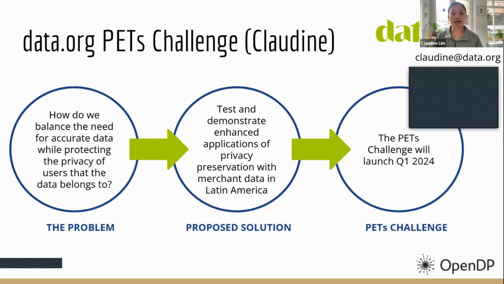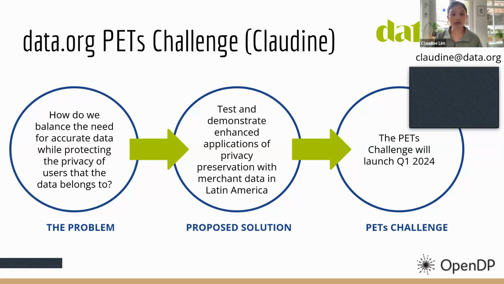However, that challenge that I was talking about is that using privately held data can pose privacy and security risks. So while privacy enhancing technologies, or PETs, have progressed significantly over recent years, we recognize that more needs to be done to enable more data sharing agreements across the globe and unlock privately held data's potential. So in sum, the challenge is to balance the need for accurate data and protecting the privacy of the users that the data belongs to.